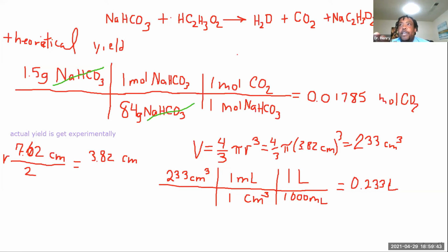But in a hypothetical situation, we're saying that we have a 2 here, right? So in that case, for every 1 molecule of the sodium bicarbonate, we would end up with 2 molecules of our carbon dioxide, if we balance the equation and there was a 2 here. Okay, you got that? That's not the case here.